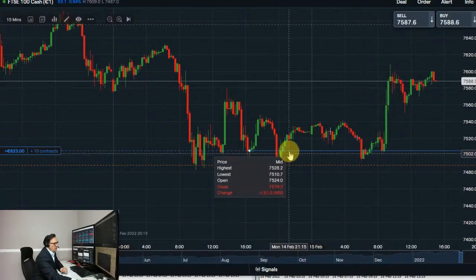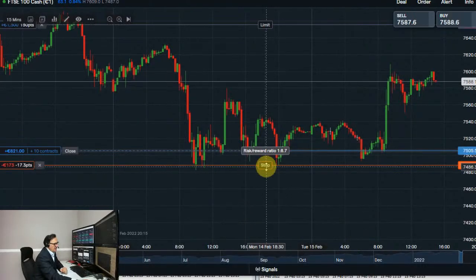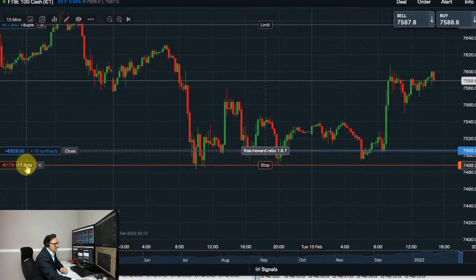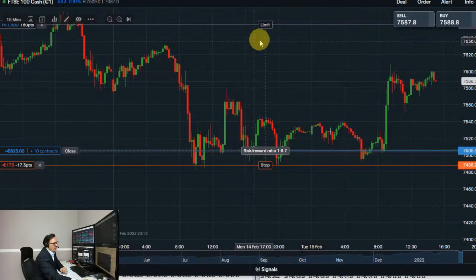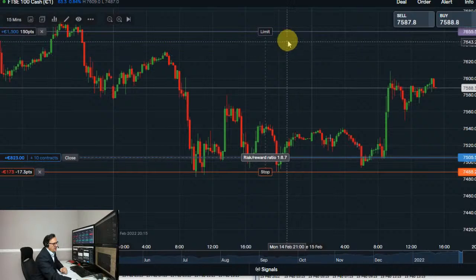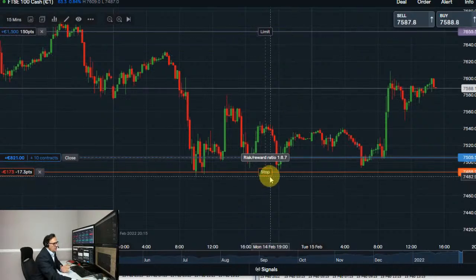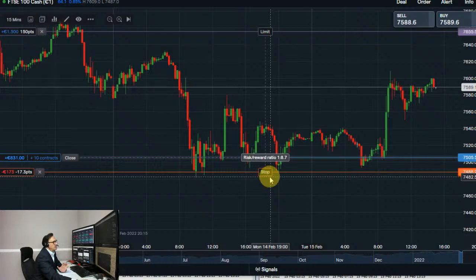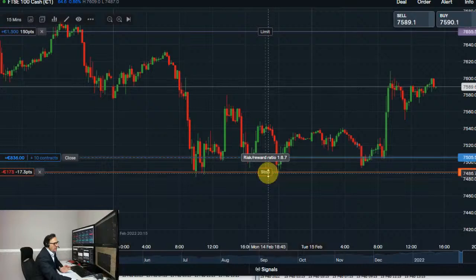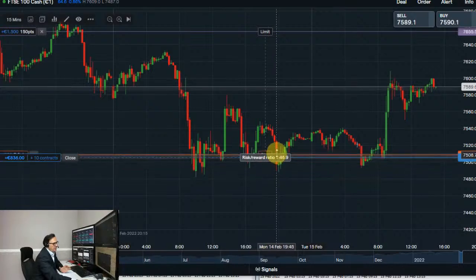My stop loss is currently down here at these lows, about 17 points away, and my limit order is up here at 76.55. So what I'll do at this point in time, because US markets are about to open, is move my stop loss above my entry.